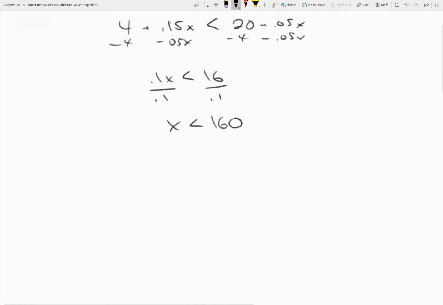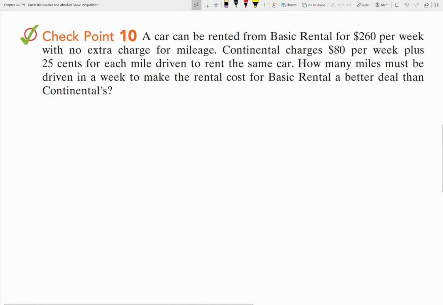Let's do one more. A car can be rented from Basic Rental for $260 a week with no extra charge for miles. Continental, $80 a week plus 25 cents for each mile. How many miles must be driven a week to make the rental for Basic a better deal? So same thing, we want 260 to be less than $80 a week plus 25 cents a mile.